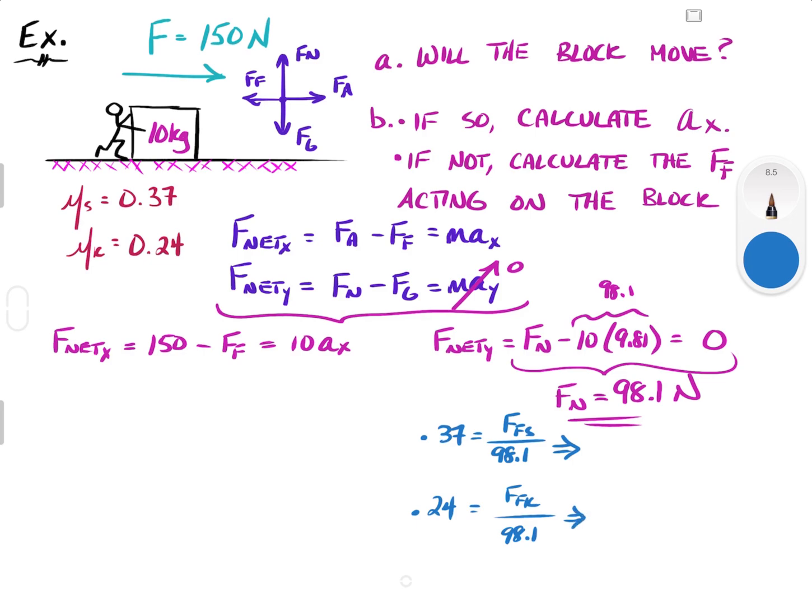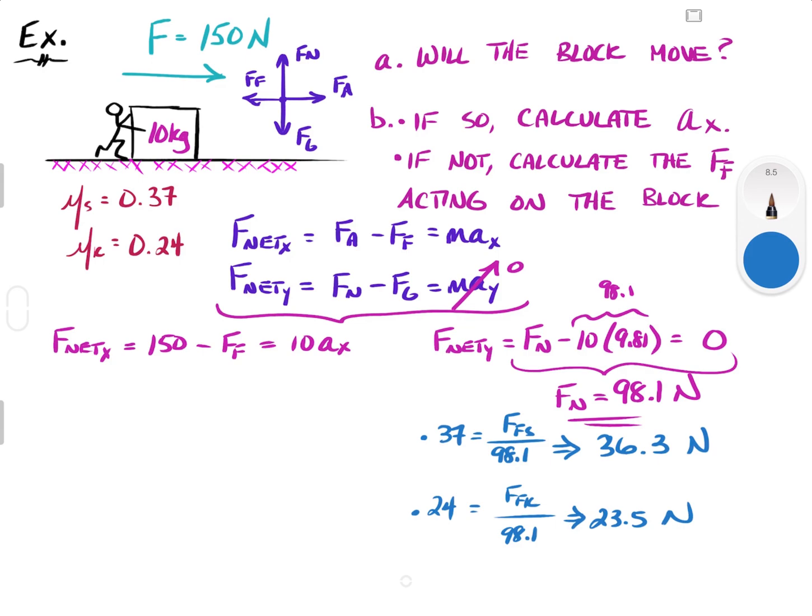And let's calculate those two values. So 98.1 times 0.37. So that's going to be 36.3 newtons. And for the kinetic friction, 23.5 newtons. So the answer to the first question, will the block move?